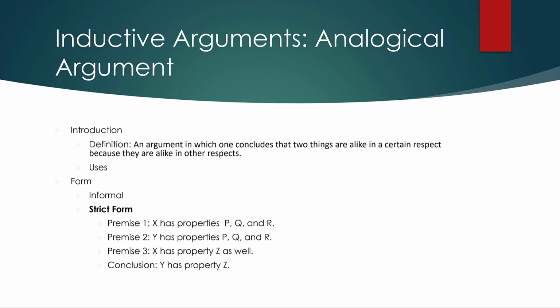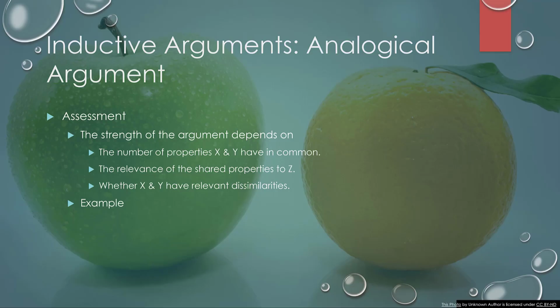So when you build an analogy, how do you tell when you've got a good one and a bad one? Well, there's a general assessment that applies to all arguments. You do an assessment of, well, given the premises, assuming they're true, would the conclusion probably be true?